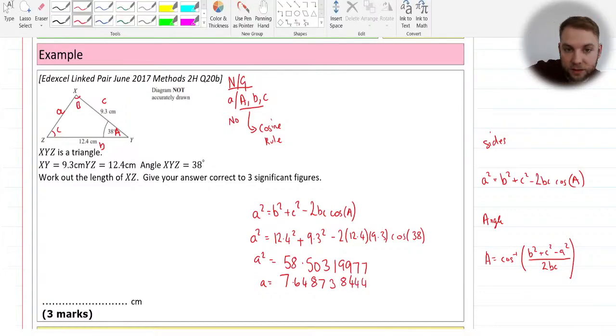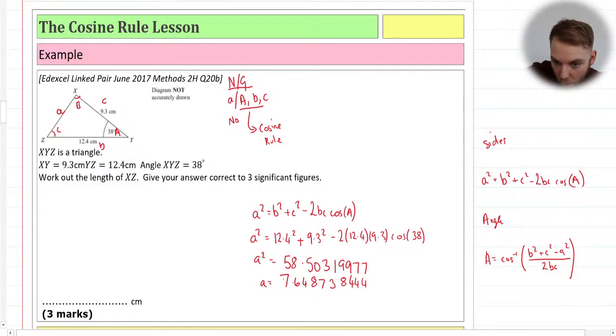Now he wanted 3 significant figures, so that's 1, 2, 3 significant figures. This means I'm going to round up, so A is equal to 7.65 centimetres. Brilliant. 3 marks for that.